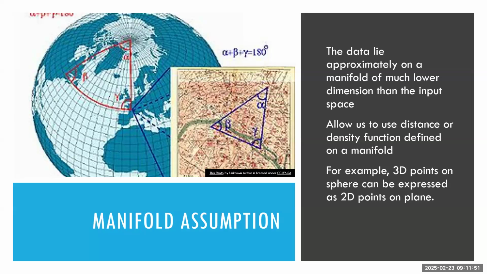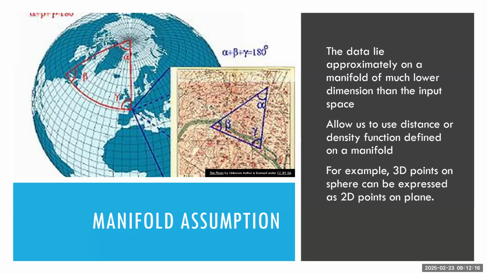And when you crumble the paper, you will get 3D, right? Because now the points are not on the same plane. So basically you have 3D data points, but the structure is actually 2D, because the 2D space got distorted into a higher dimension.